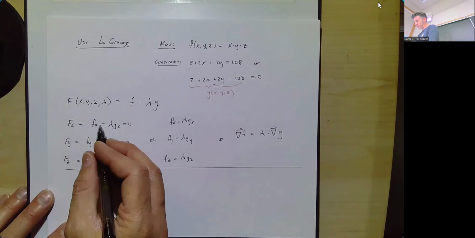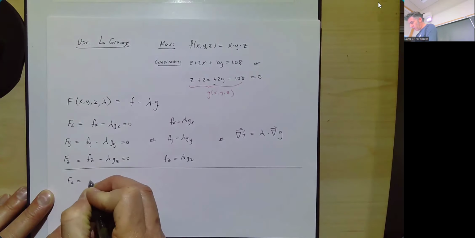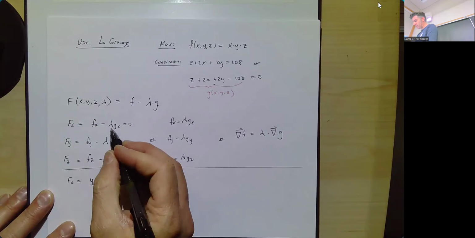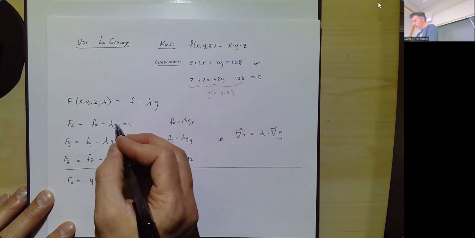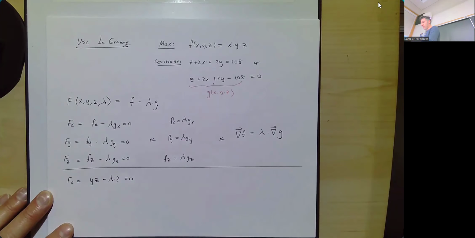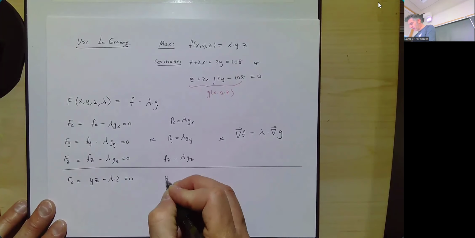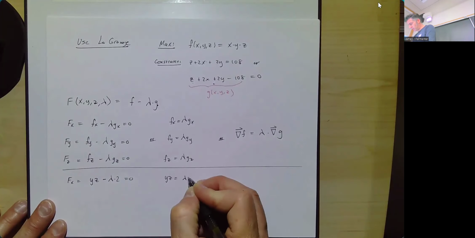So fx is going to be yz, equal to lambda times gx, which is 2. I think I like fx equal to lambda times gx better this way.